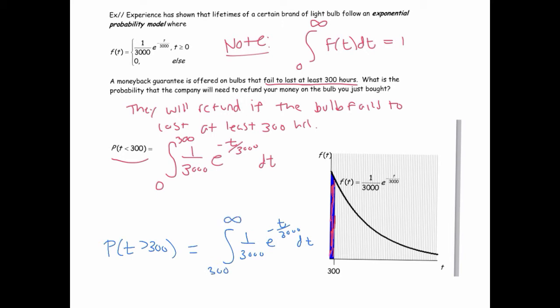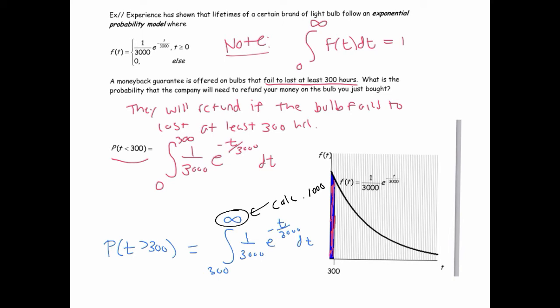Since we don't have an infinity button on your calculator, you just put in a big number like 1,000 or something like that, and that should give you a close enough approximation. I could ask any range of questions. I could say, what's the probability your light bulb will last between 200 and 250? In which case you'd put 200 and 250 in the lower and upper limits of integration, respectively.